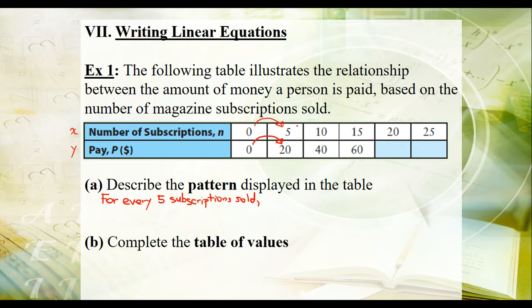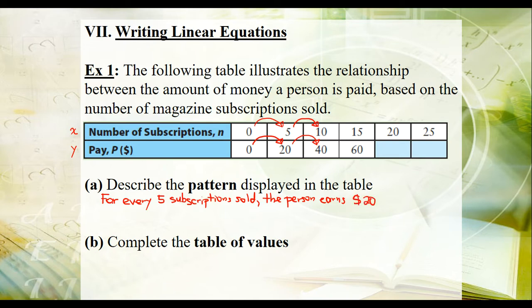So I go from $0 to $20. If I go from 5 subscriptions to 10, so you add another 5, then your pay increases by another $20. So for every 5 subscriptions sold, the person earns $20.